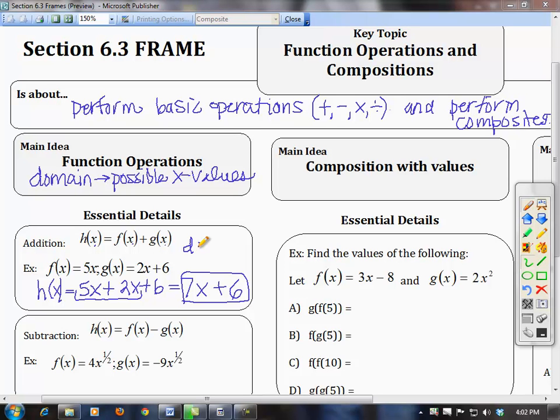If I did 7 times the negative number and I added 6, would you still get a number in your calculator? The answer is yes. And also want to check 0. Could I put 0 in here, 7 times 0 plus 6, and still get a number? Since the answer is yes to a positive, a negative, and 0, then my domain is all real numbers.